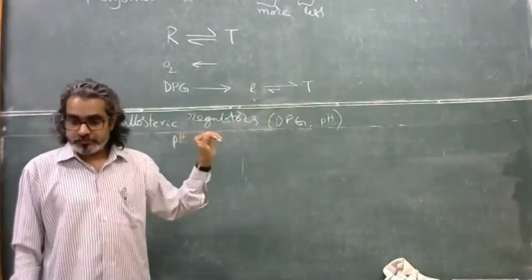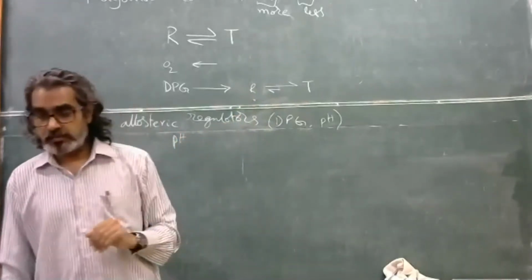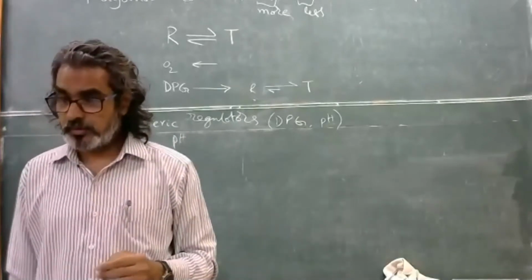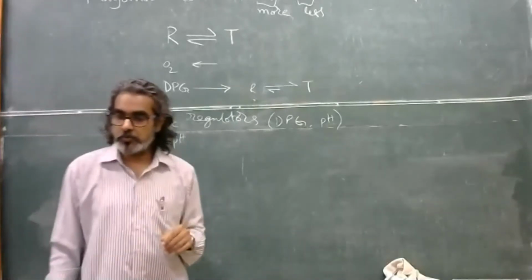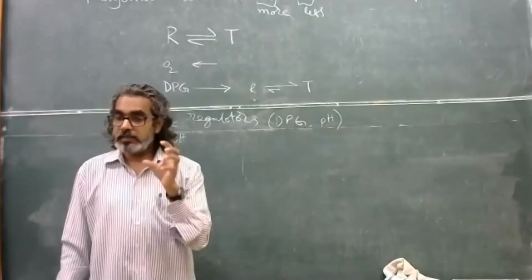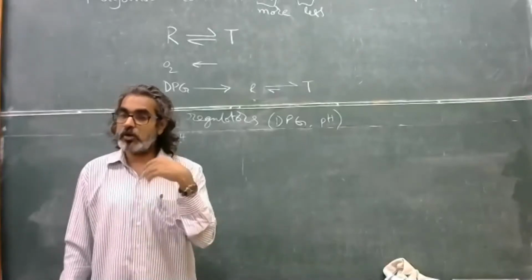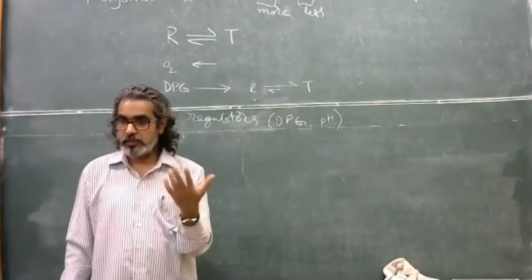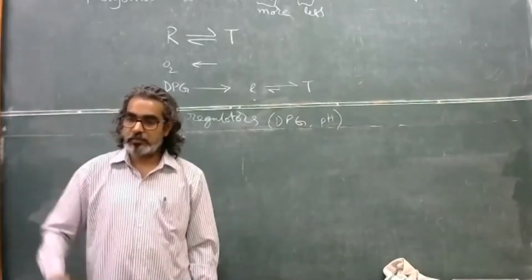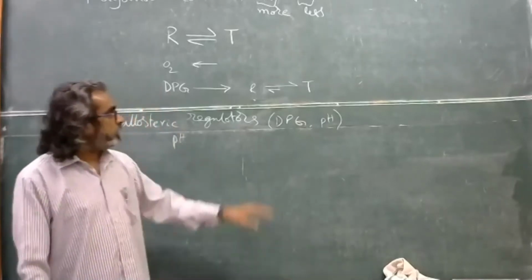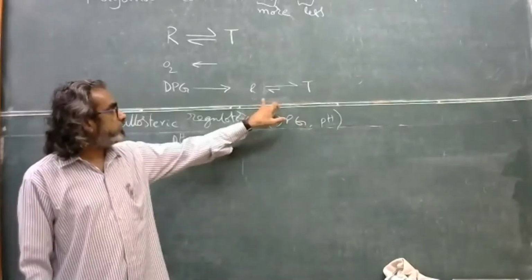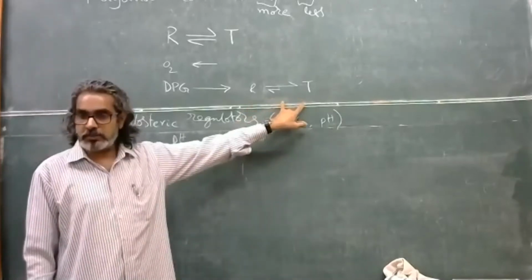However, molecules like CO, or to some extent CO2, compete with the binding site of oxygen. That's competitive binding, where they bind directly at the common site, so they don't shift the R and T equilibrium per se.